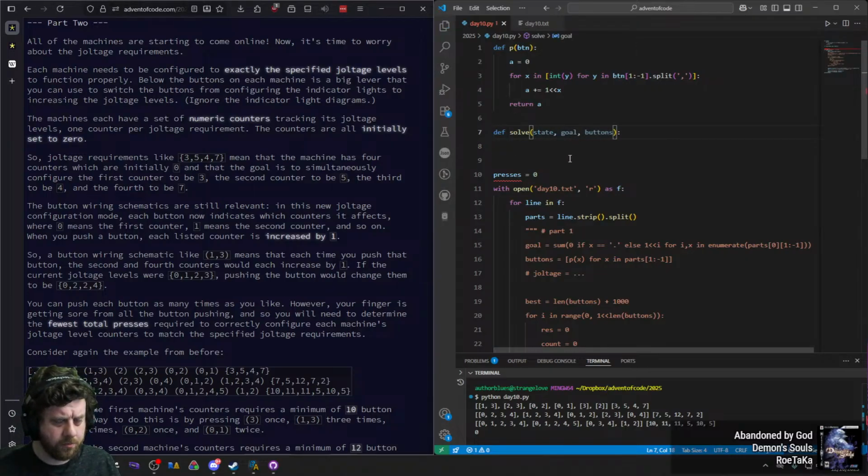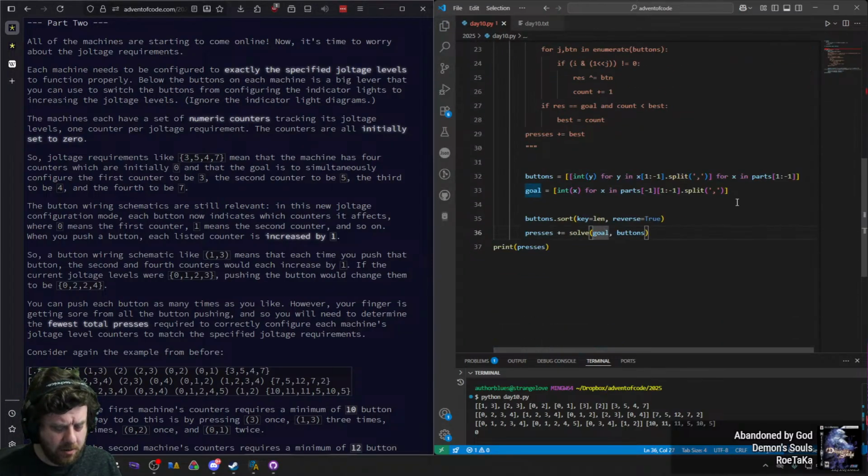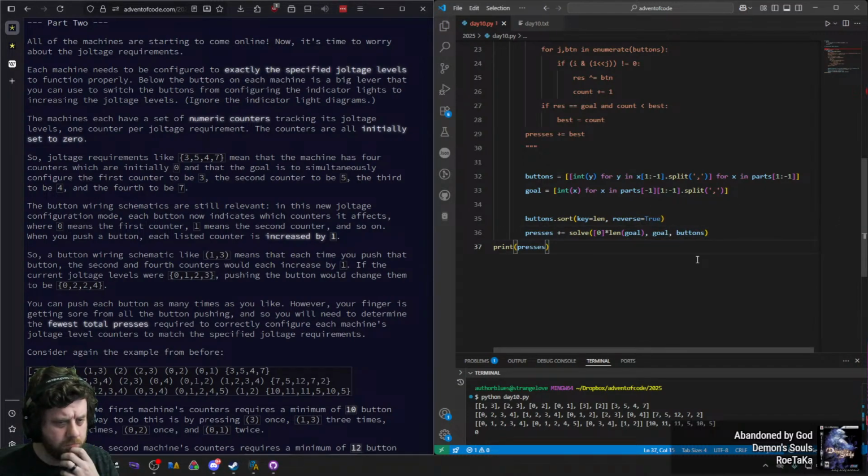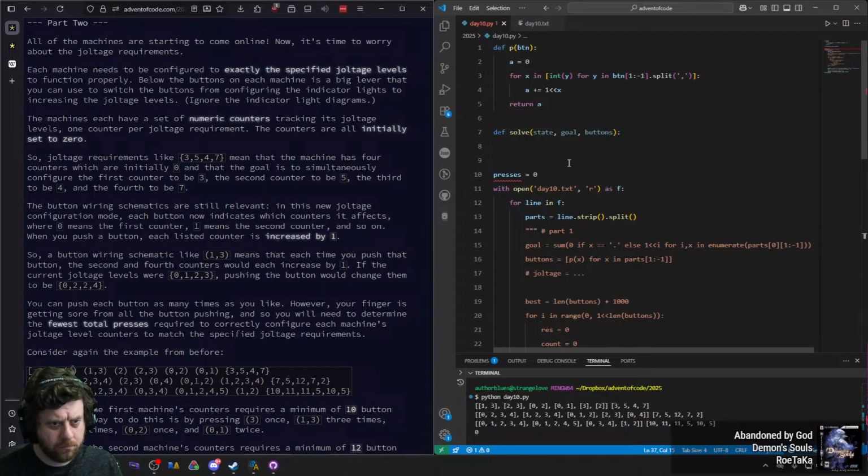State, goal, buttons. Okay. And my state that I'm starting at is 0 times len of goal. The most times I can press the first, so B is buttons 0.